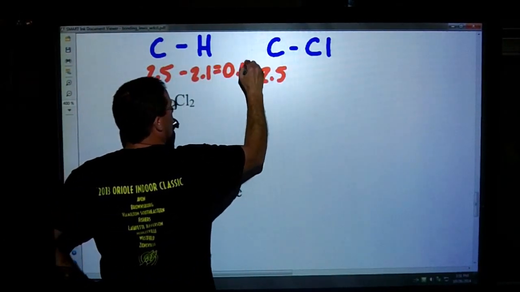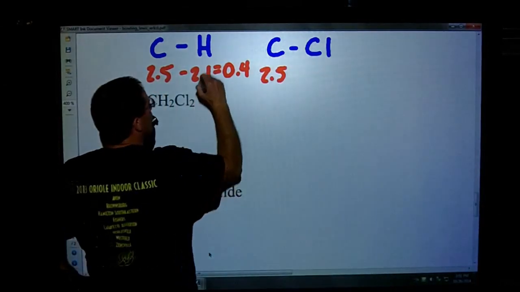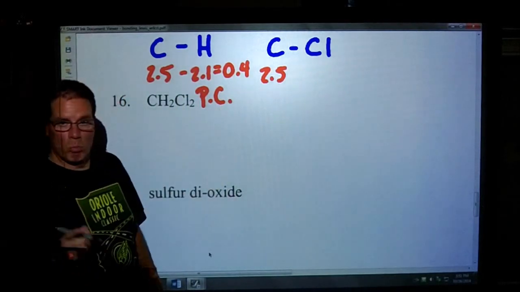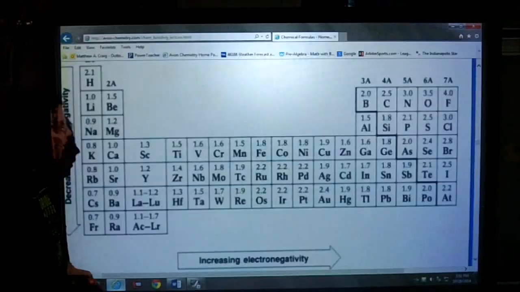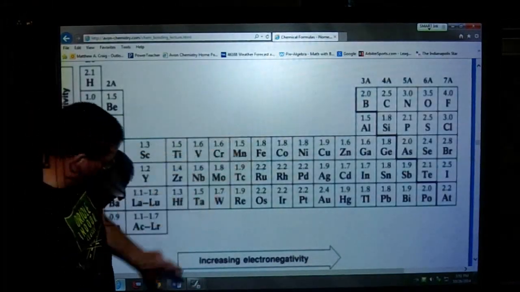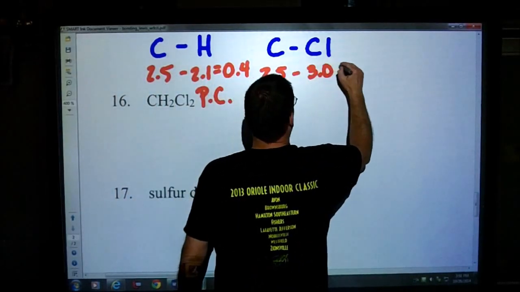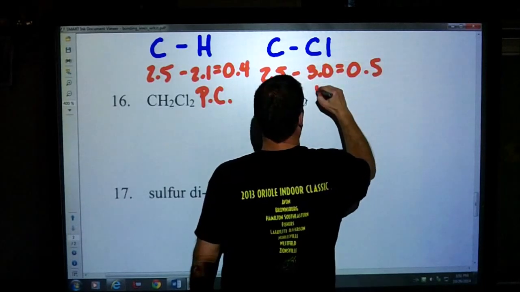So that gives us a difference of 0.4, which tells us that this type of bond is polar covalent, which is what we would expect. And the chlorine has a value of 3.0, which means that we have another polar covalent bond.